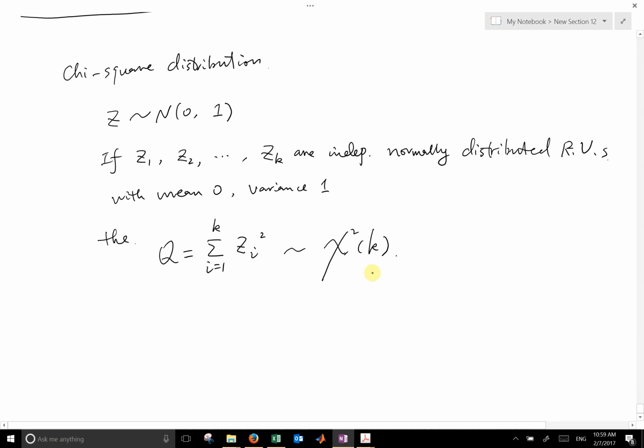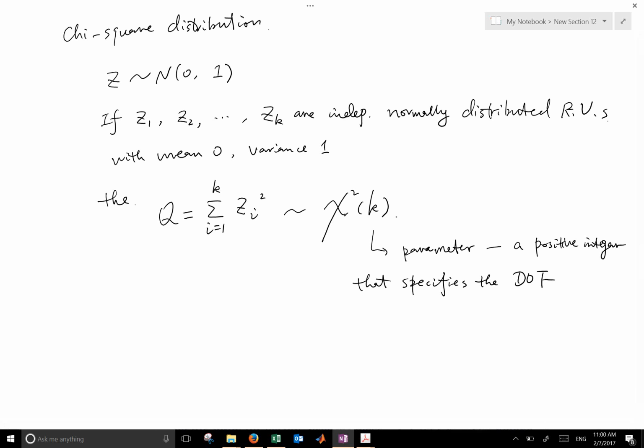So this k is the parameter that is a positive integer that specifies the degree of freedom.